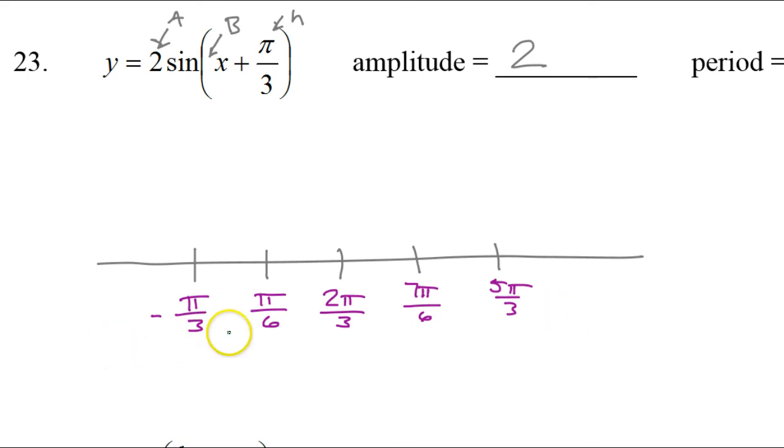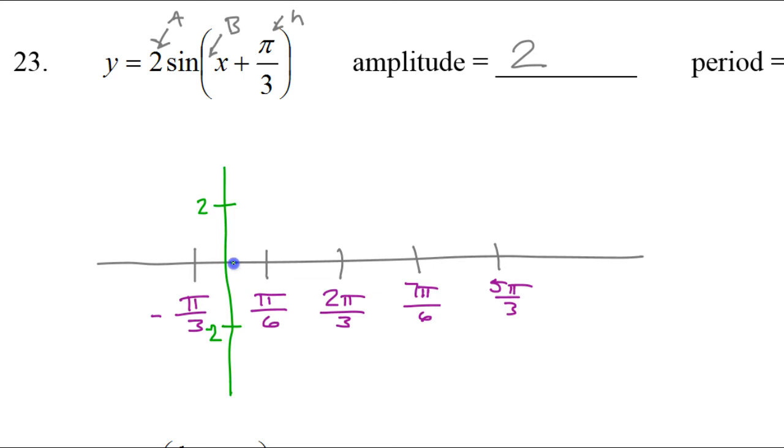This time it's not, so we know 0 will fall between the negative and the positive. So I'm going to go ahead and put the y-axis right here, between the negative and the positive. And so this a value is 2. So I'm going to mark this as 2, and I will mark this as negative 2. Squeeze it in there.